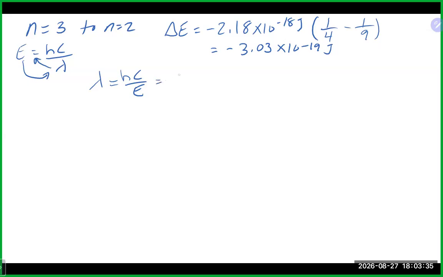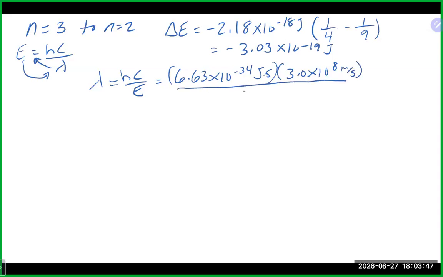Popping in our numbers here, 6.63 times 10 to the minus 34 joule seconds and our 3 times 10 to the 8 meters per second divided by 3.03 times 10 to the minus 19 joules. Once again, we are converting our energy into a positive number so that we end up with a positive value for our wavelength.